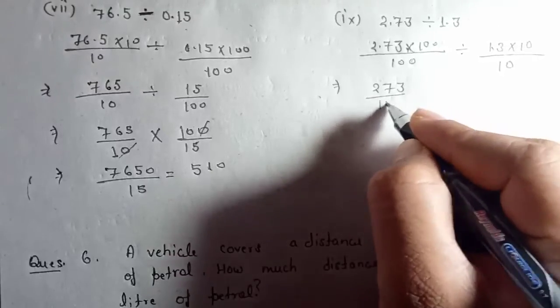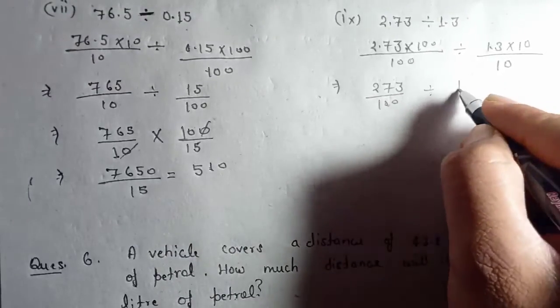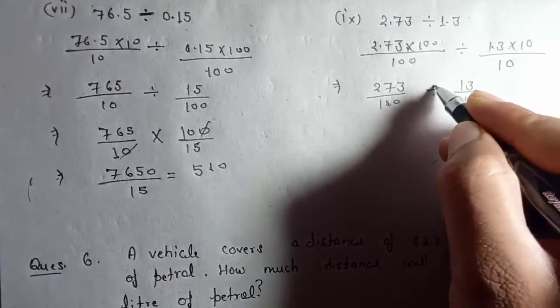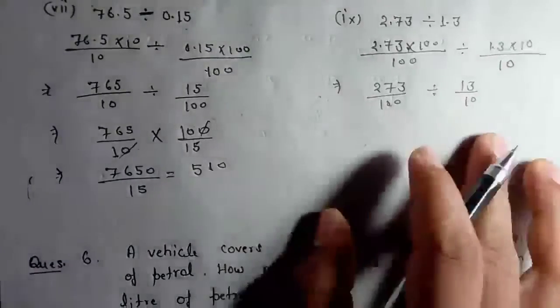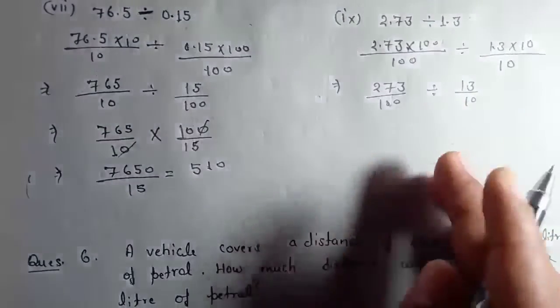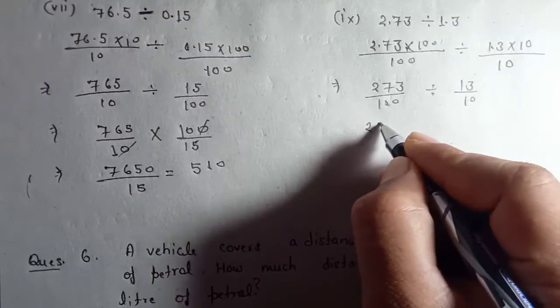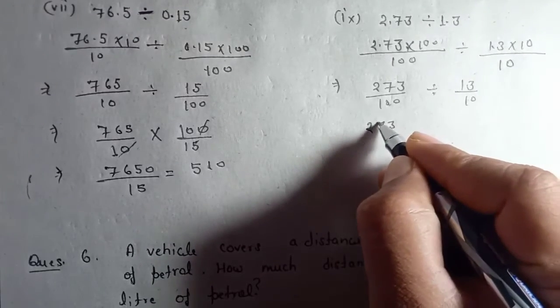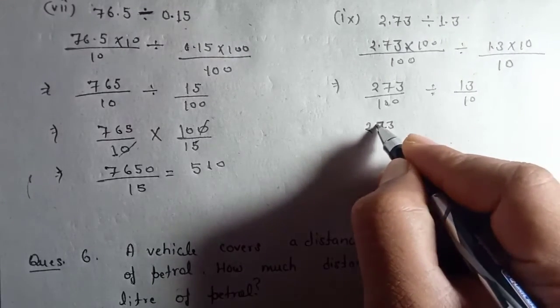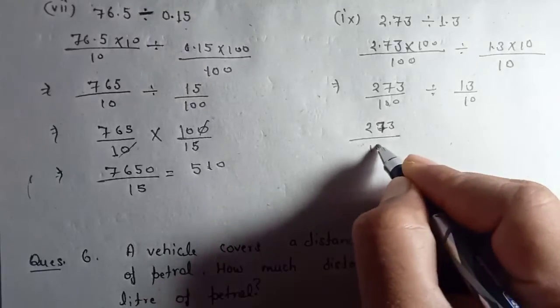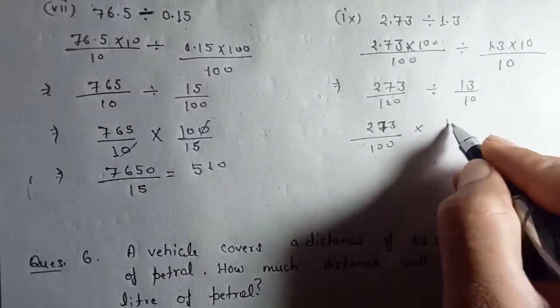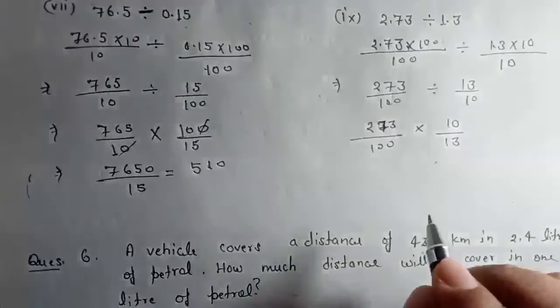273 upon 100 is divided by 13 upon 10. Now 10 upon 13 is the multiplicative inverse of 13 upon 10. So right here it is 273. Do not get confused. 100 into 10 upon 13.